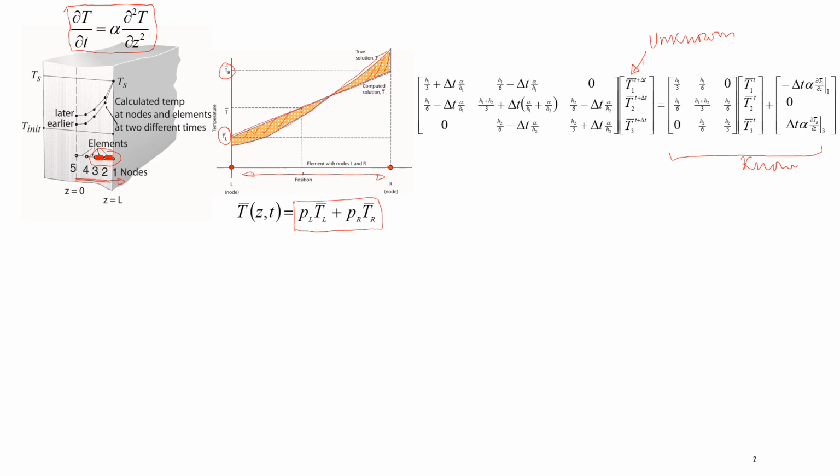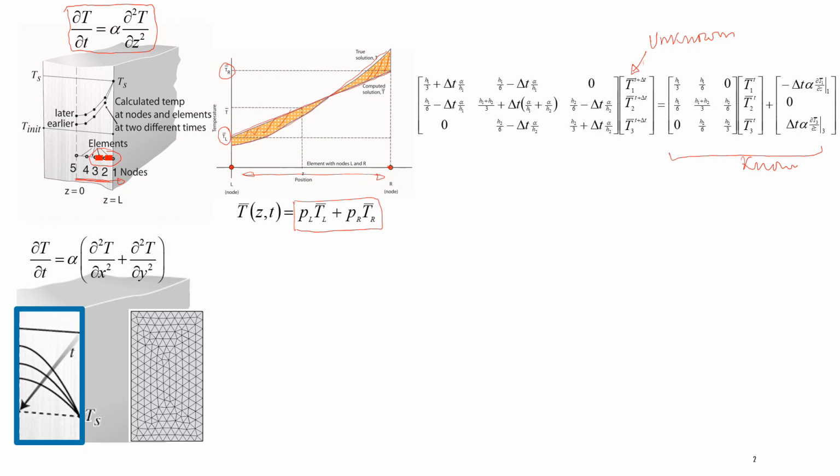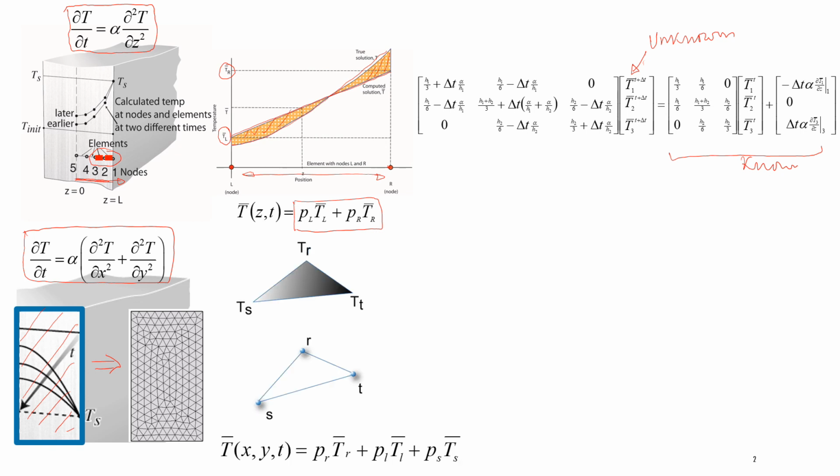So for 2D, it is exactly analogous. So the equation then has x and y. My domain is now a 2D area, which is broken down. Instead of a line being broken down, area is broken down into triangular elements.